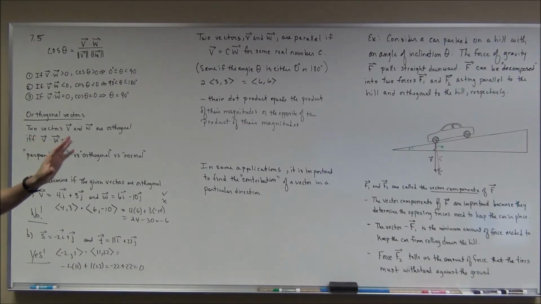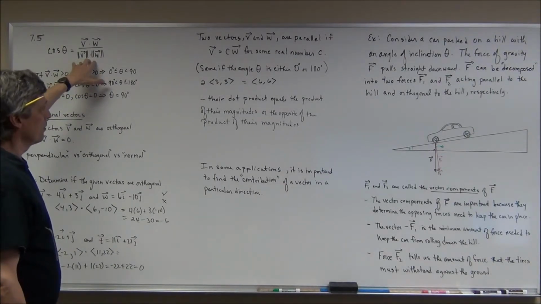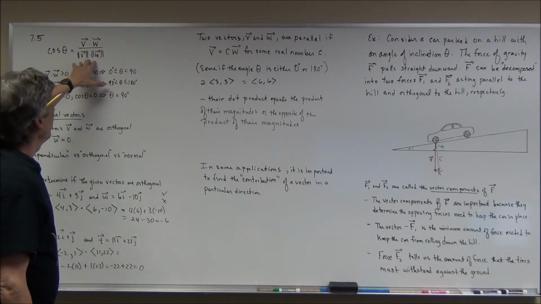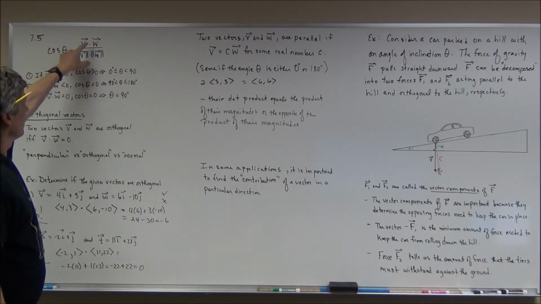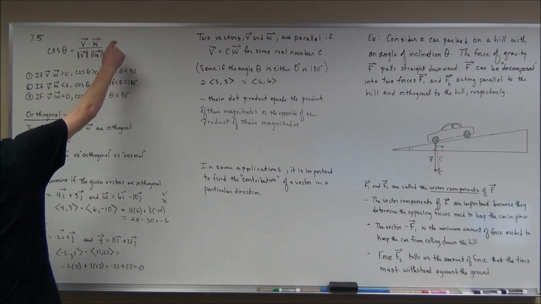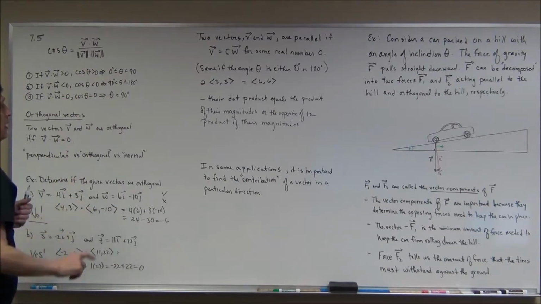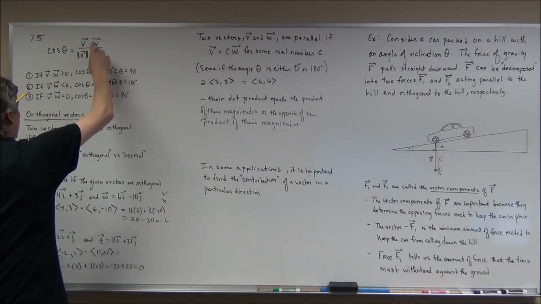So what this has to say is, if you have this expression here, that would be the product of their magnitudes, and you have the dot product up here. If I get 1 or negative 1, that would mean that their dot product was either equal to the product of their magnitudes, or if I get negative 1, the opposite of it.